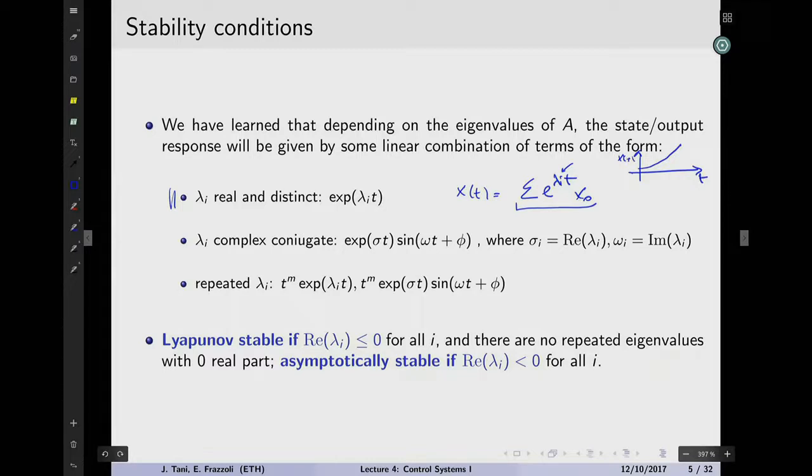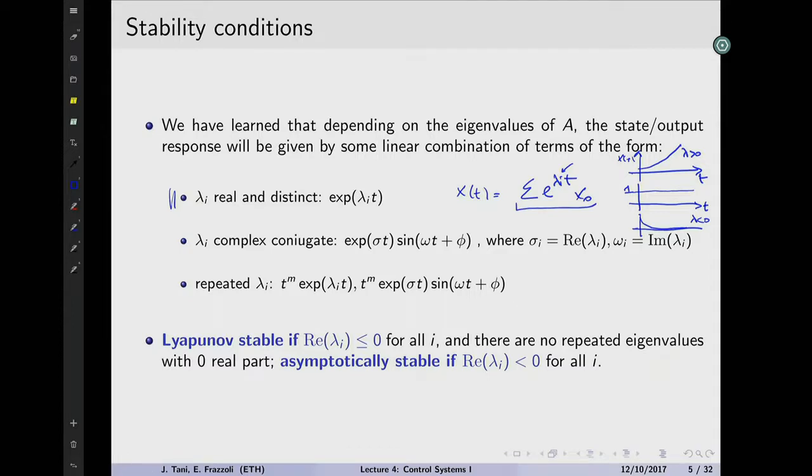As time goes on, it goes to infinity. If lambda_i were equal to 0, you get e to the 0t, which is a fancy way of saying 1, and this stays constant forever, which would not be asymptotic, but still stable. It's bounded. But if instead your lambdas are all negative numbers, you would get a converging behavior, which is asymptotic stability, which is typically the most desirable outcome.